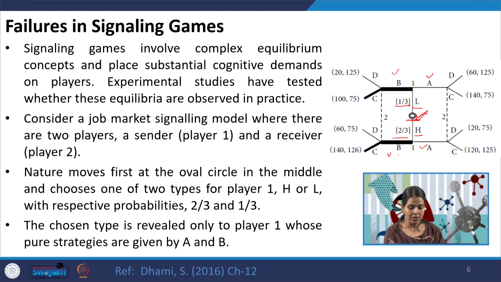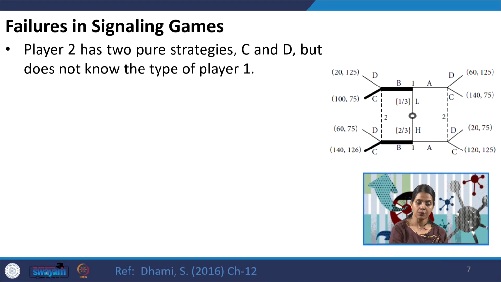So, player 2 does not know which one between H and L is chosen by nature. Player 2 has two pure strategies, C and D, but does not know the type of player 1.